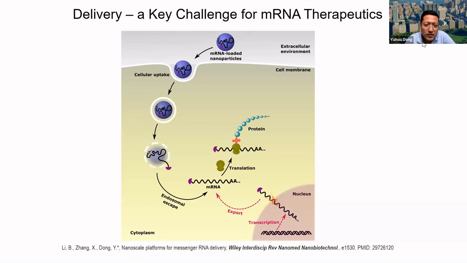And in the cells, mRNA need to be released to the cell cytosol. Then they can access the protein production machinery and then produce the functional proteins. So there are so many layers of biological barriers, and we have to overcome. So to address this delivery issue, we have to develop novel biomaterials.